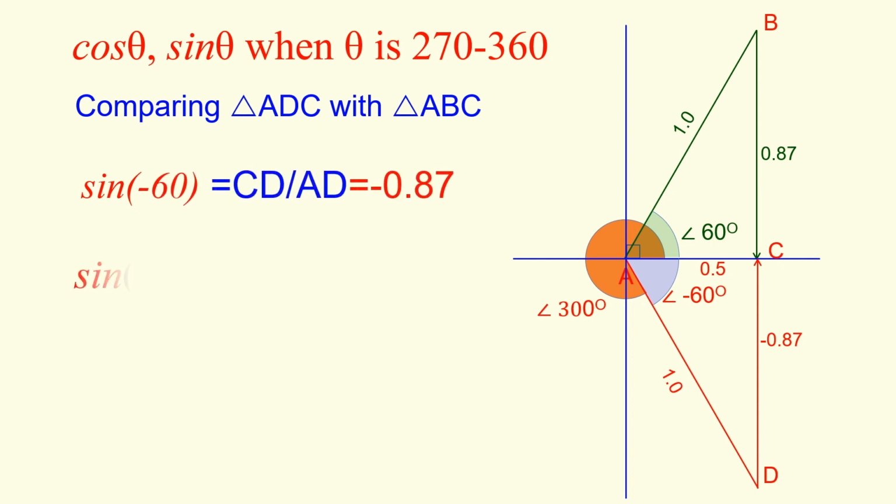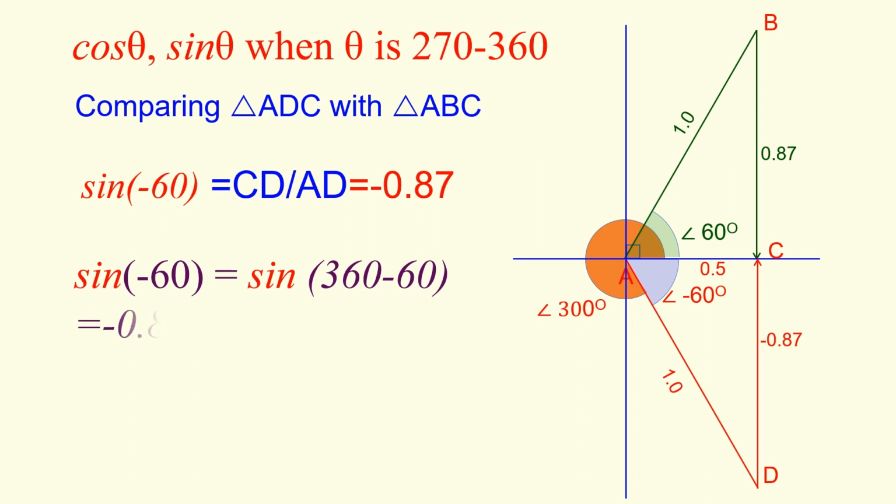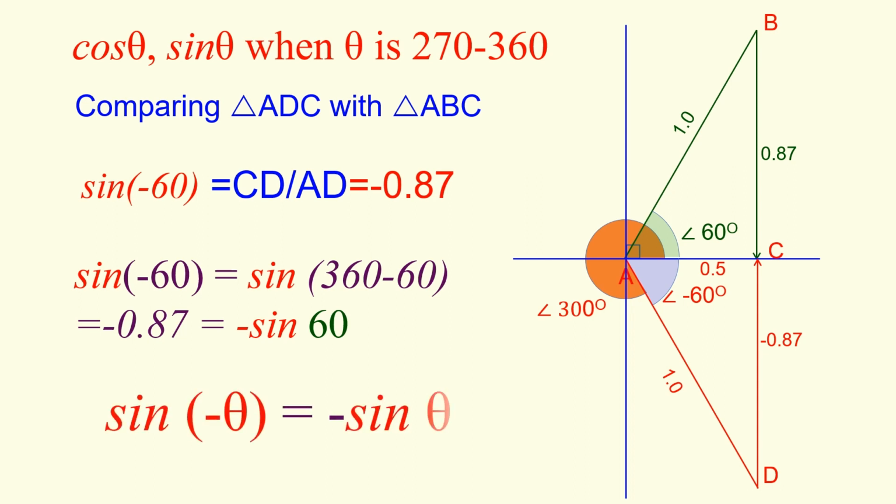Compare triangle ADC and triangle ABC. Sine minus 60 equals CD by AD, or equals minus 0.87. Or we can say sine minus 60 equals minus sine 60, which implies sine minus theta equals minus sine theta.